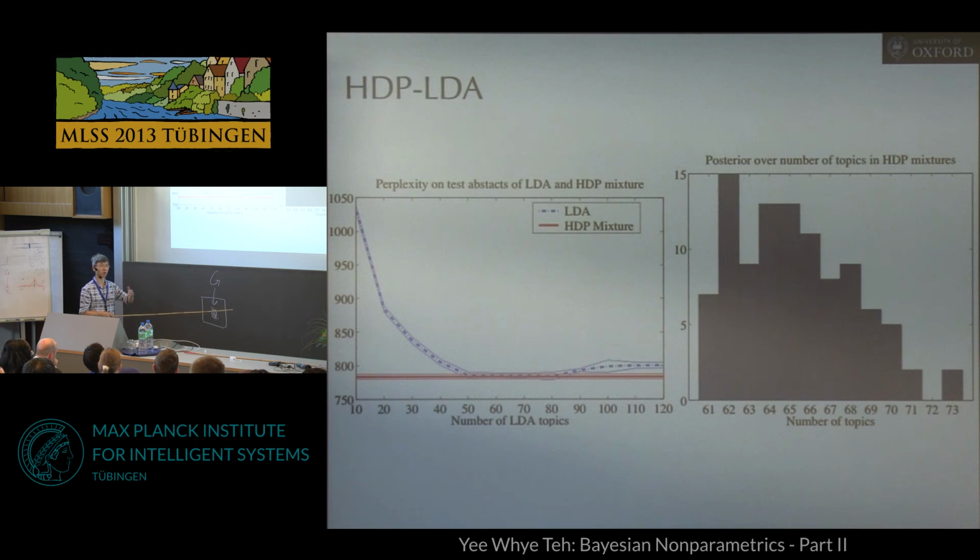We just run our inference on a single model, and that's it. That gives us this number here. You can also look at the inferred number of topics under the HDP, and it's between 60 and 70 in this case, which is basically exactly right in the middle here. So in a sense, the inferences you get are consistent with each other.